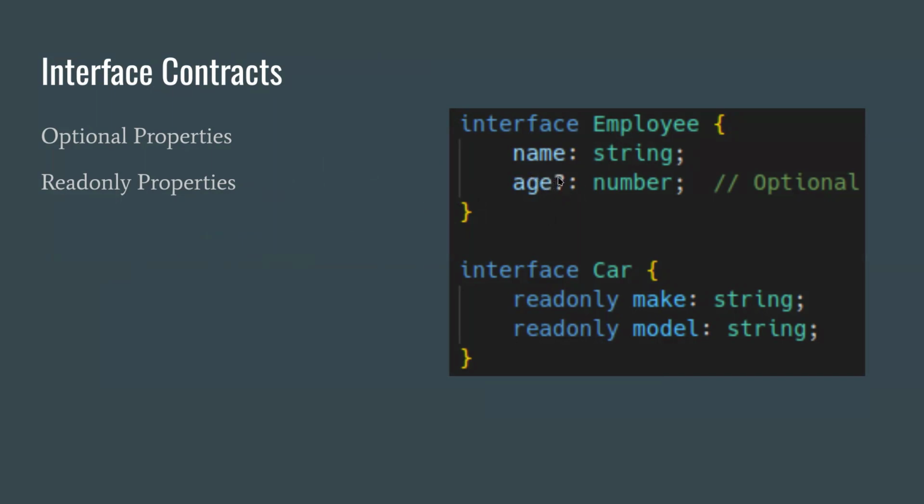This means that age is an optional property, so you don't necessarily have to supply this. And we can also see that the Car interface has a read-only mark on make and model. What this means is that read-only properties cannot be changed after their initial assignment. These features help you write safer and more predictable code.